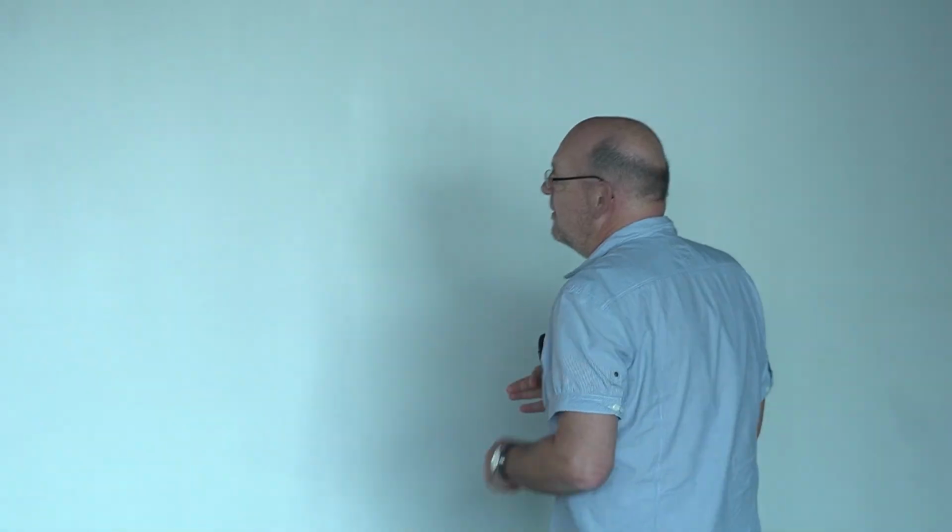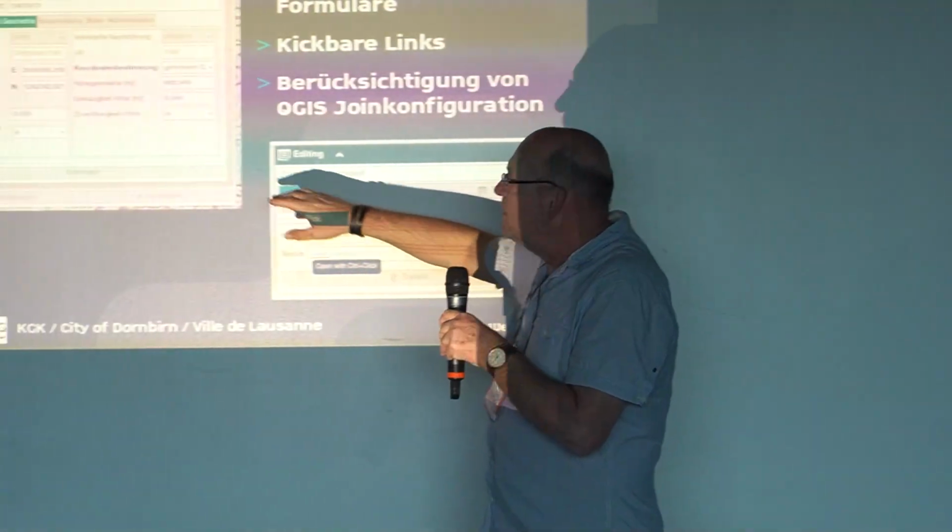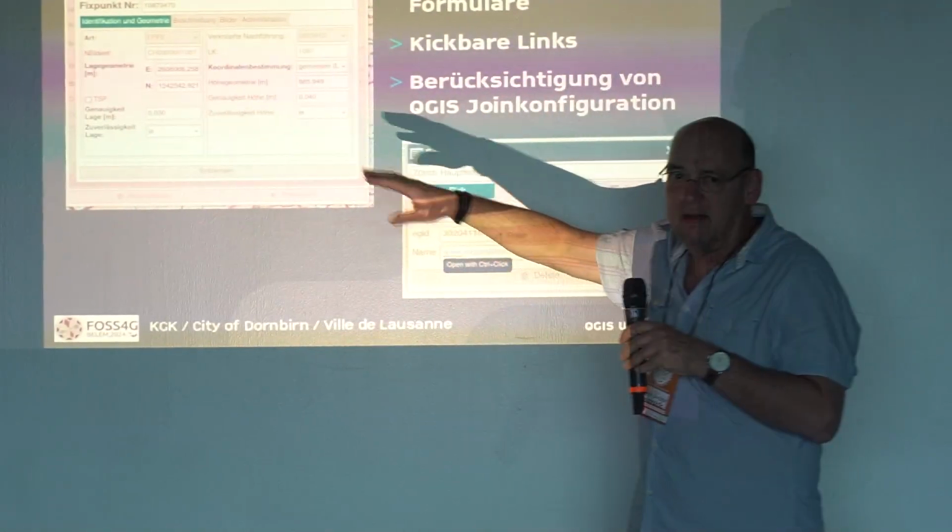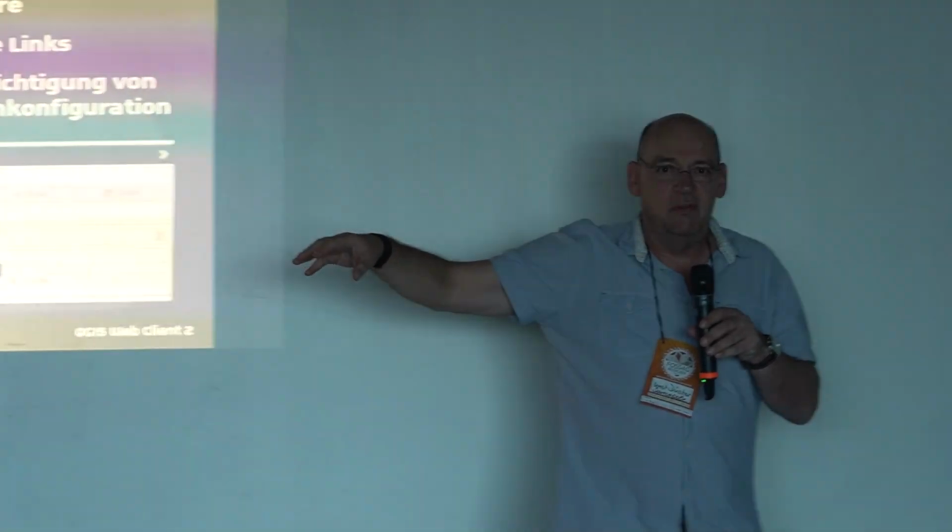I will translate. Editing. You can create nested dialogues. The nested dialogues are, you have different tabs, and the different tabs make it much easier to work with or to maintain or to add the attribute data, and it's also possible.